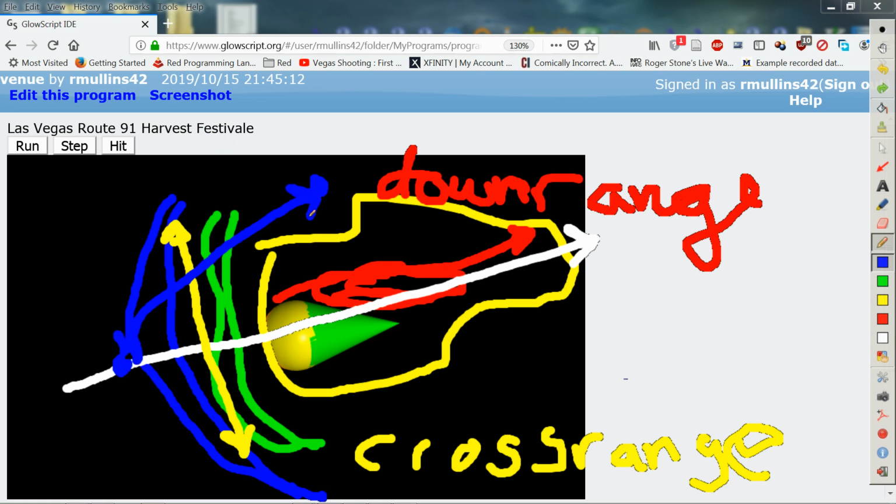The shock wave will be produced probably, I know this isn't to scale, but let's say right there. So the bullet travels from, let's call this point A, and this point B. So the bullet travels from point A to point B. It emits one of these little green shock waves, and then that shock wave, traveling at the speed of sound, grows and grows and grows until it too reaches that.